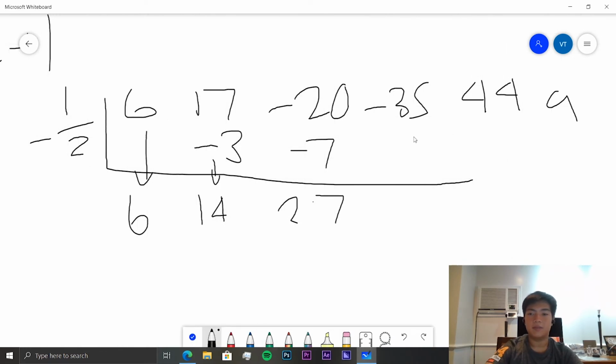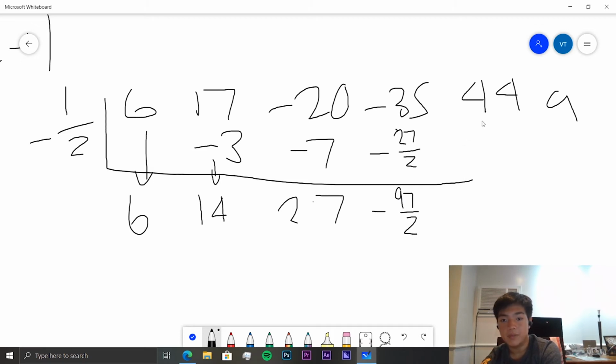So this would be what? Negative 35 plus negative 27 over 2. Am I making a mistake? I don't think so. So, this would be negative 70, negative 97 over 2.